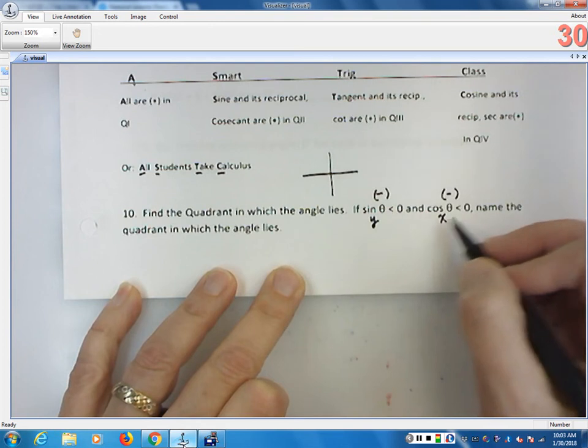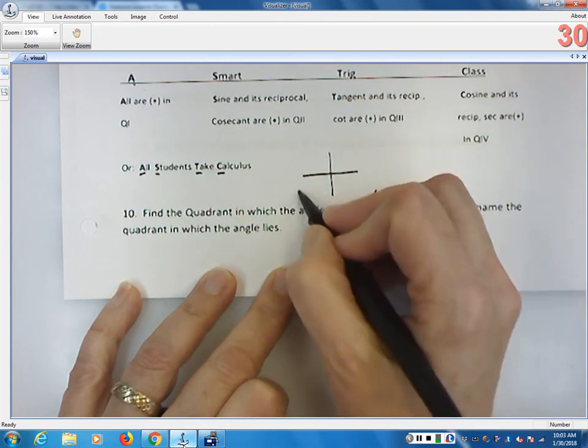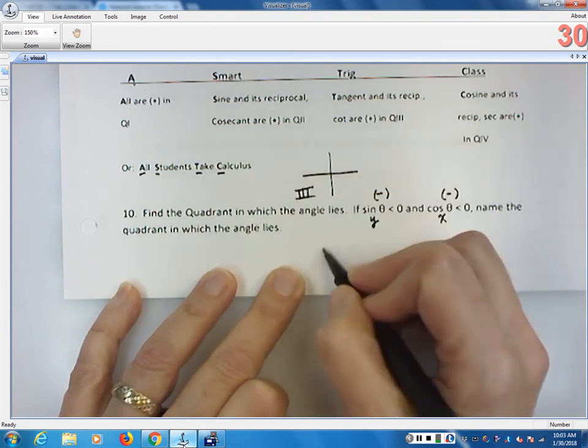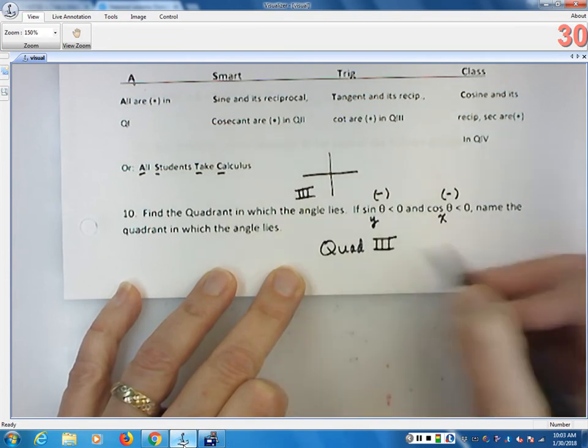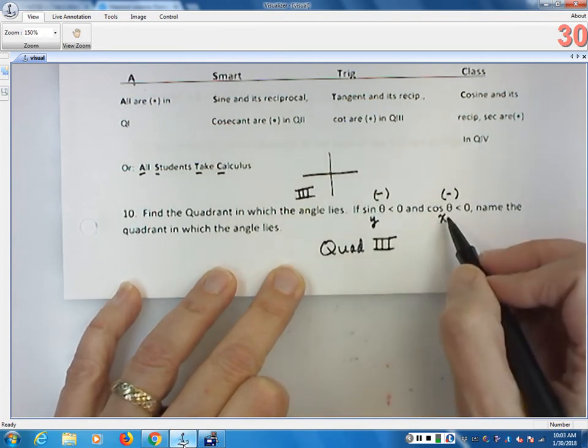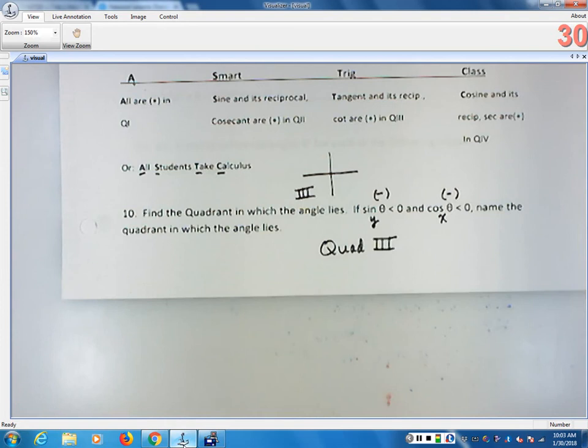So where are x and y both negative? That's quadrant 3. So you can also just think about cosine being x and sine being y. Where are x and y both negative? Quadrant 3.